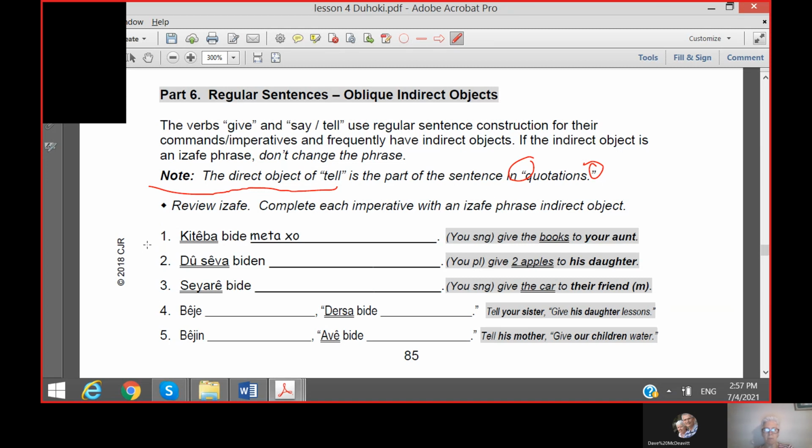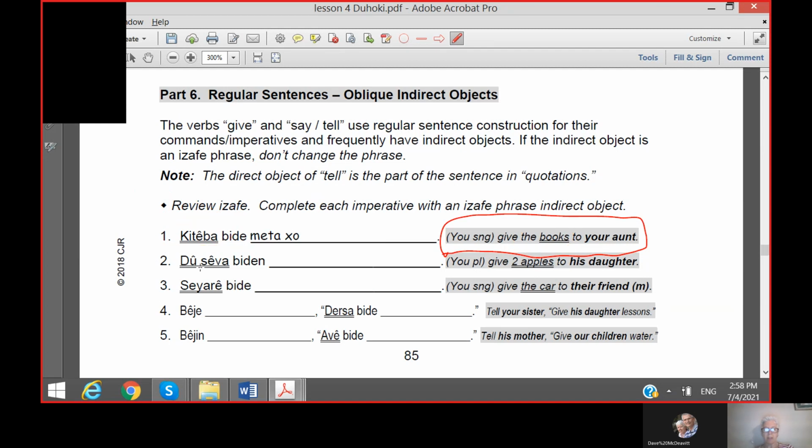So for example, in number 1, you, singular, give the books to your aunt. Okay, let's look at that. The subject is you, too. But we don't say it because it's an imperative. So the books is the object. Kitaba. And it has the ending on it.